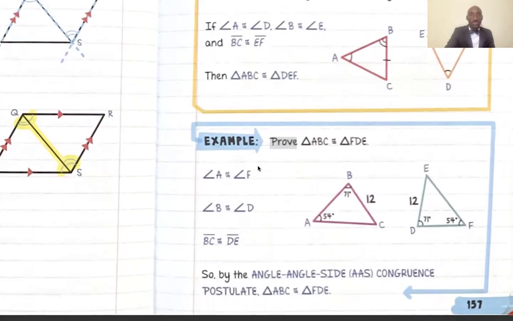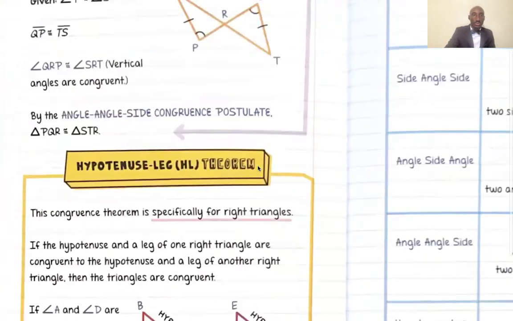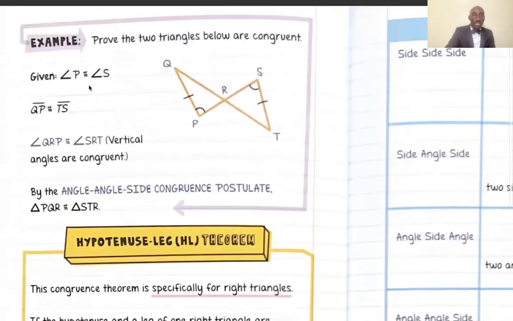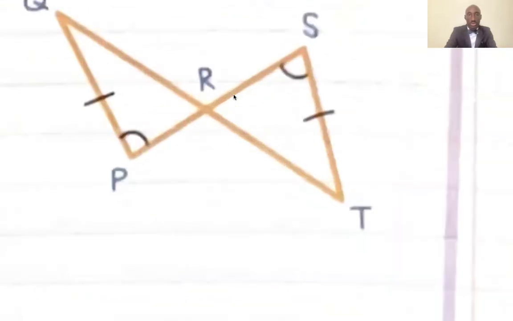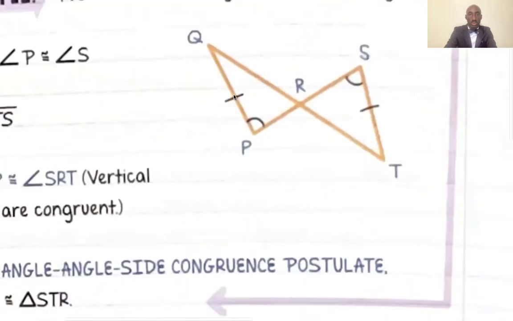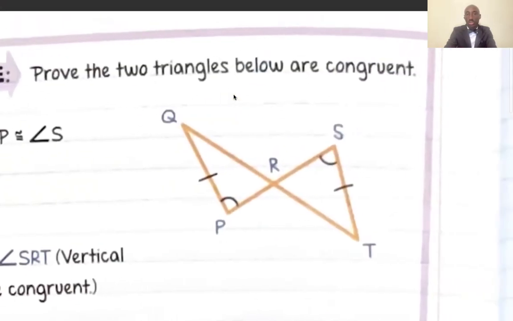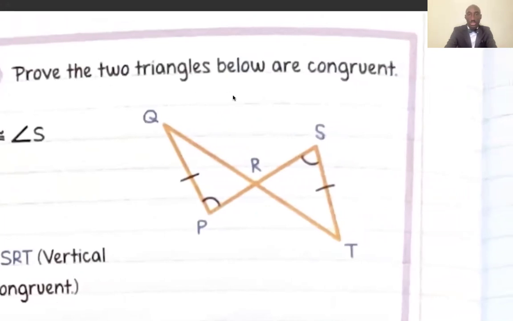All right, here we go. Another example. Prove the two triangles below are congruent. So can we do this?